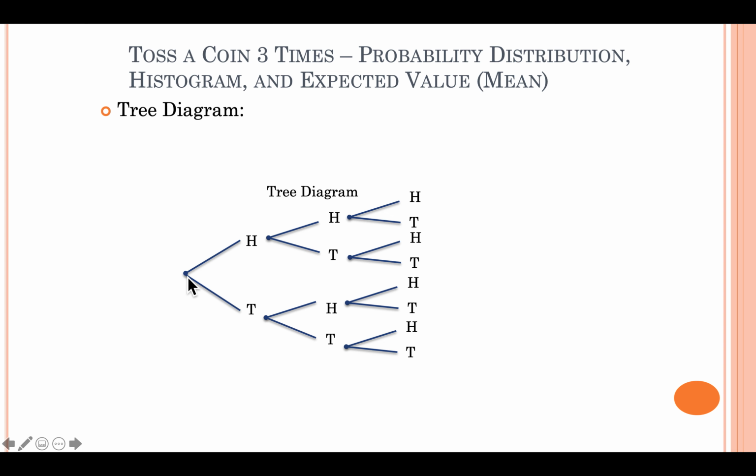So working our way from the root of the tree all the way to the end of the branches, we're going to label all of our outcomes. And there will be 8 of them. Okay, 1, 2, 3, 4, 5, 6, 7, 8. Now notice that there are 3 outcomes, or rather 3 letters for each outcome. That's because we have 3 coin flips in this experiment.